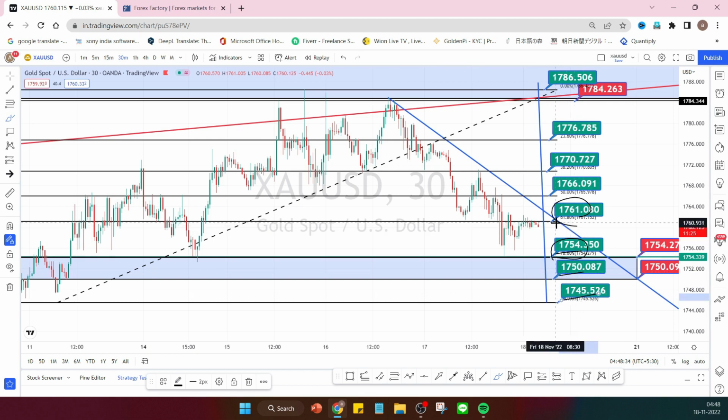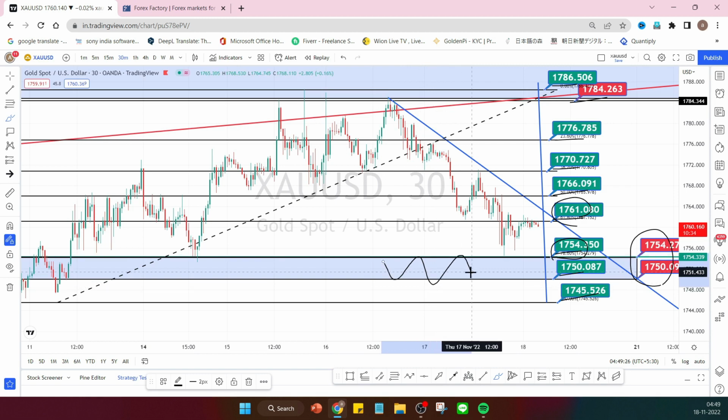And on the bullish side, if the price action breaks the resistance level of 1761, next level of resistance is going to be around 1766, 1770, 1776, 1784 and 1786.